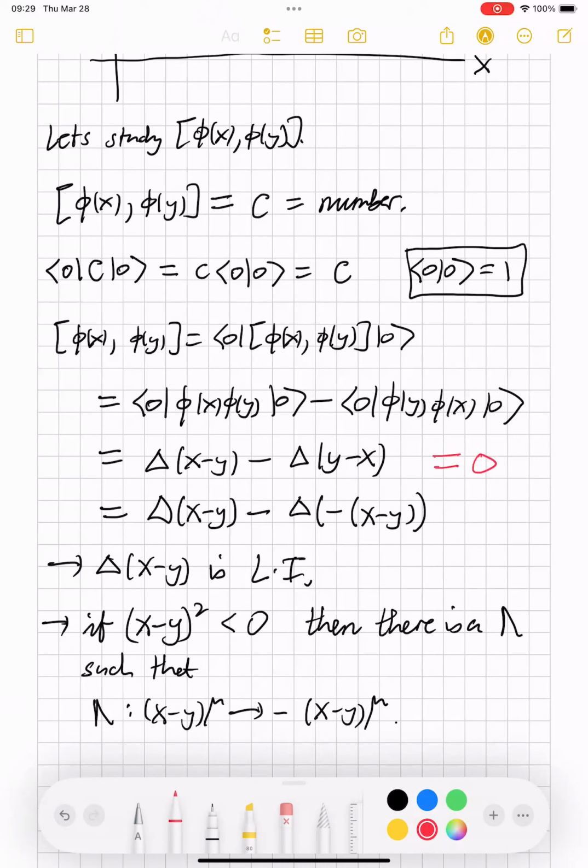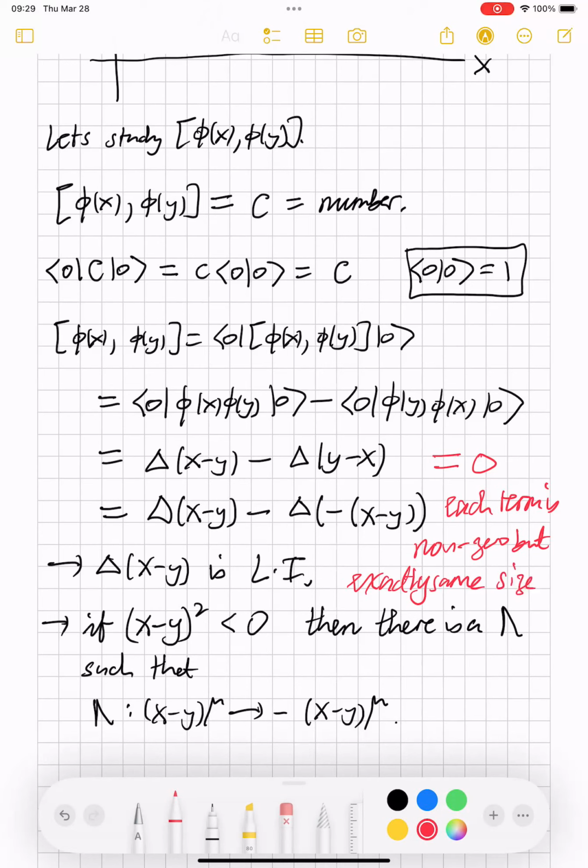But something to note, something that's very important, is that each term is non-zero, but exactly the same size.